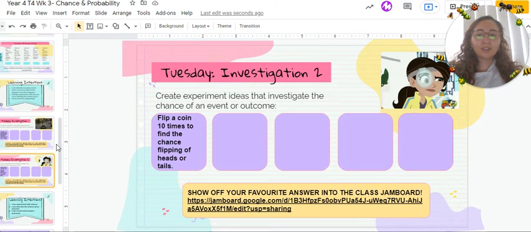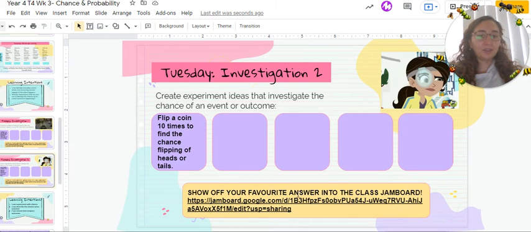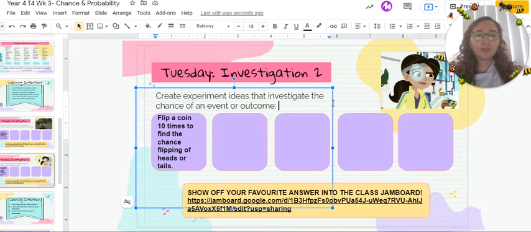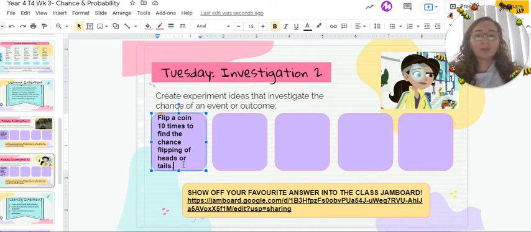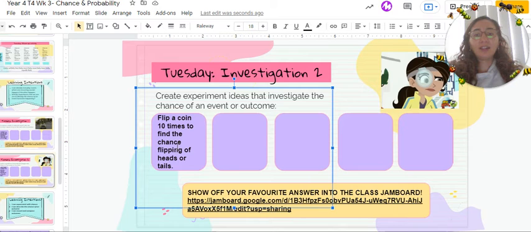The next question here, and this is the same Jamboard you're going to be going to, but the second page. So you create an experiment idea that investigates the chance of an event or outcome. Okay, so one of my experiments I think I could do to investigate and find a chance of something happening is flipping a coin 10 times.